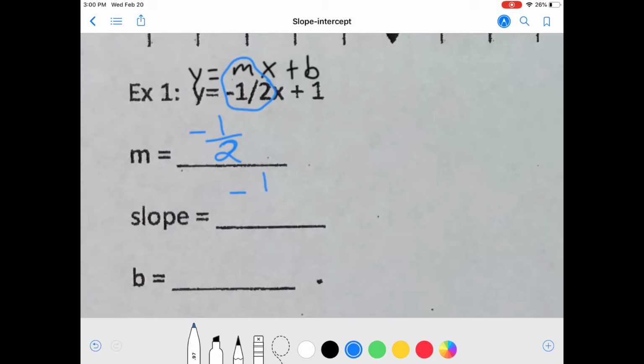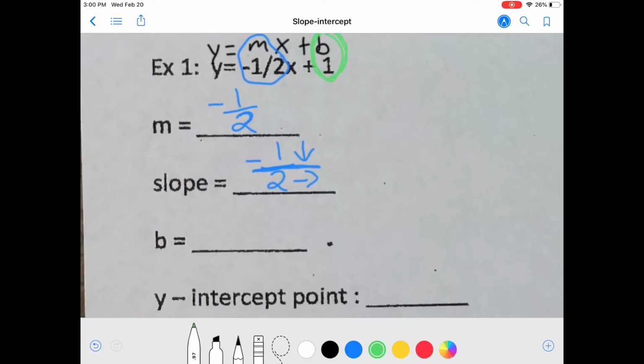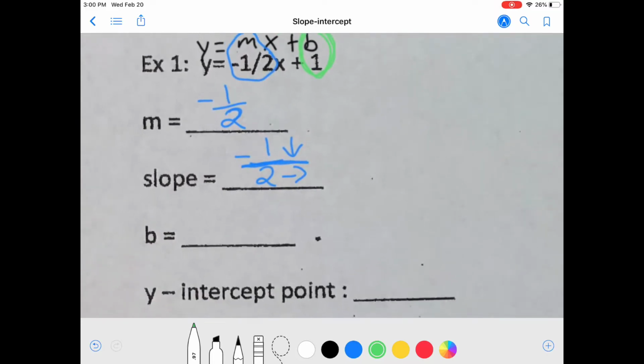Now once we graph this, this is telling me -1 over +2. So -1 tells me to go down 1 and to the right 2. Now my y-intercept, or my b. My b is 1 in my equation given. So my y-intercept point is at 1.